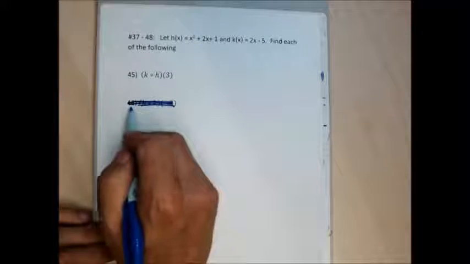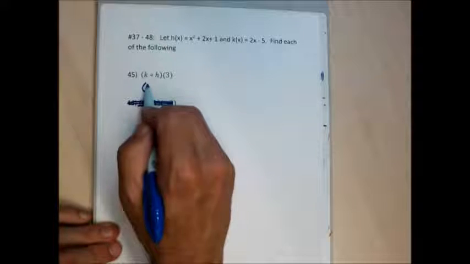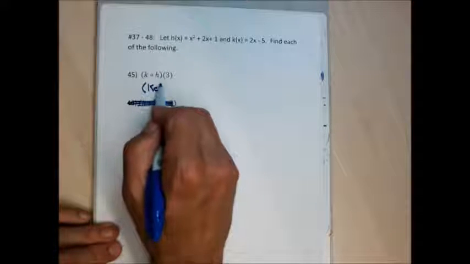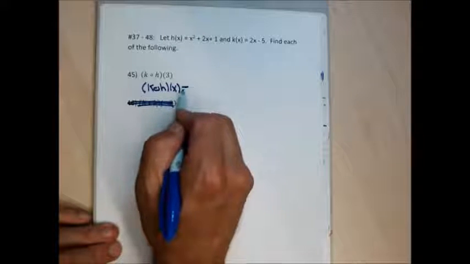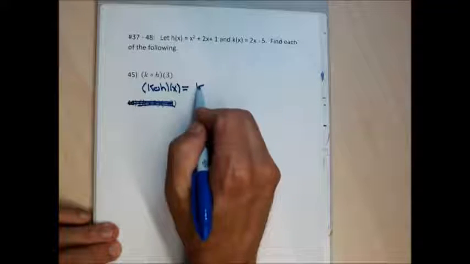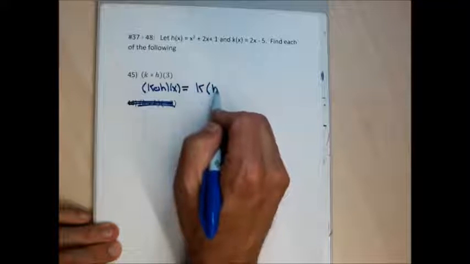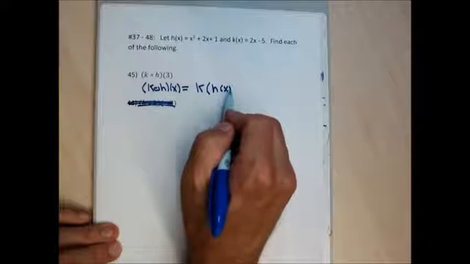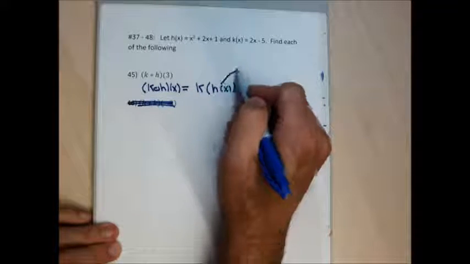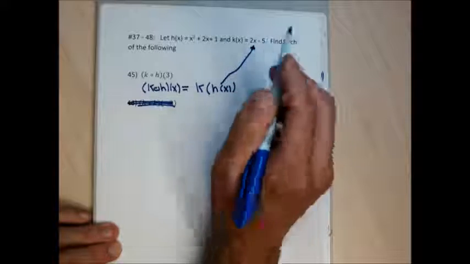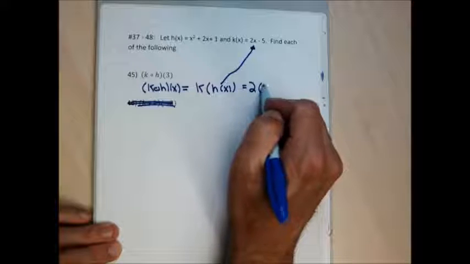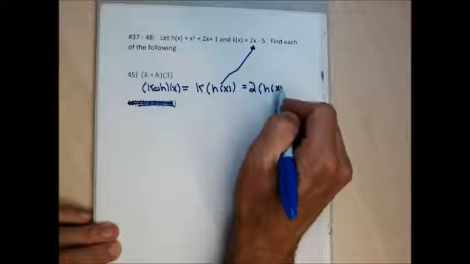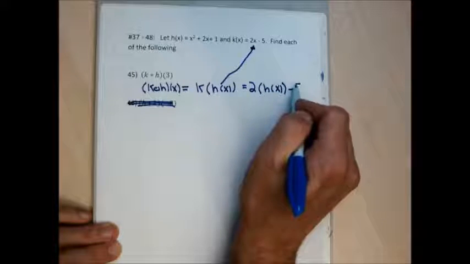So to start on problem 45, the first thing I want to do is find an unsimplified version of k composed with h of x. I know that k composed with h of x is k of h of x. That means to go to the k function and change that x to an h of x. So this is going to be 2 times h of x minus 5.